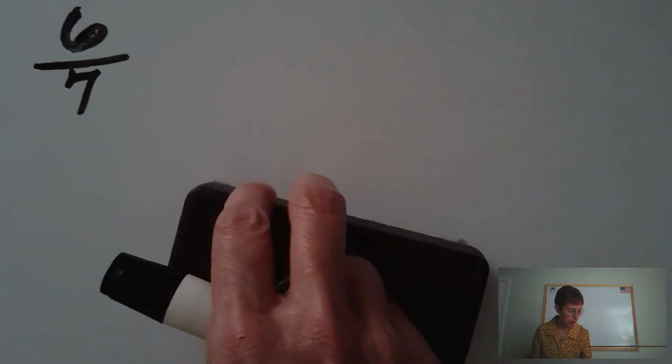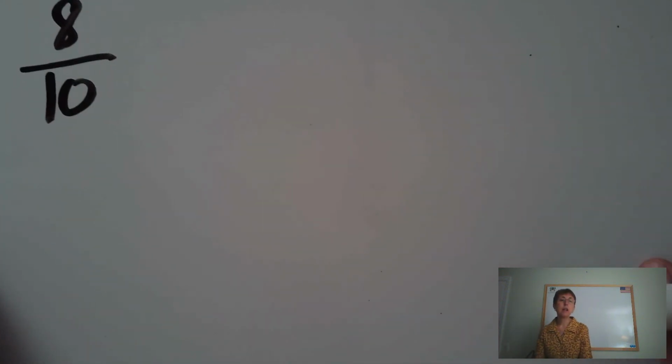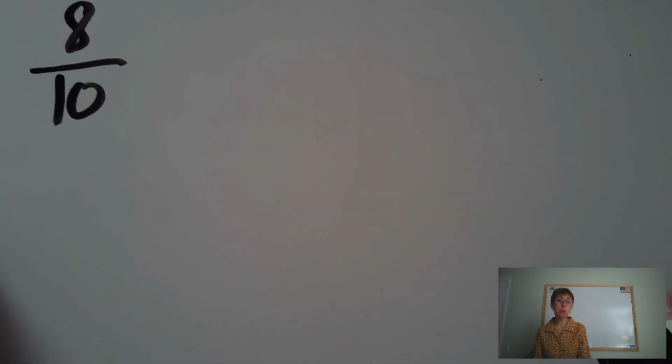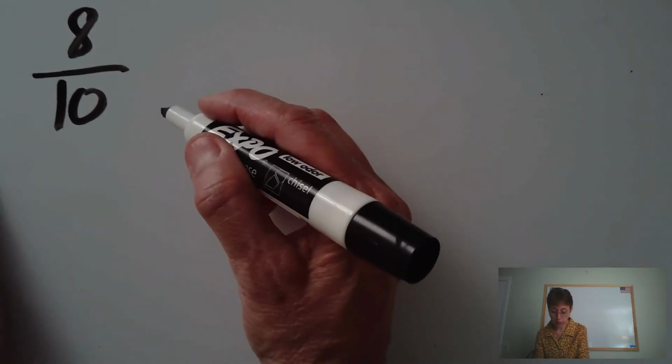Okay, let me see. Let's do a few more. We did 6/9. How about 8/10? We want to reduce 8/10, so we want to divide by a fraction name for 1. So what are we going to use?